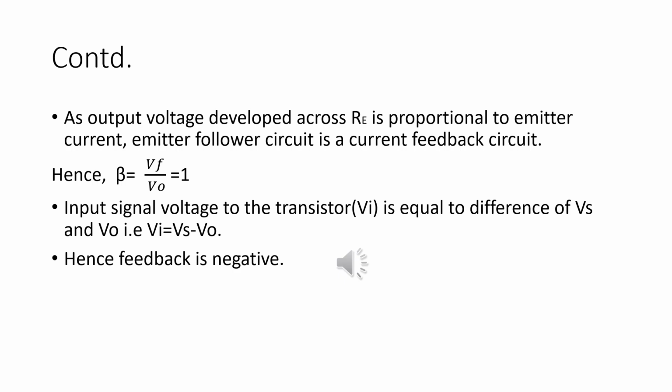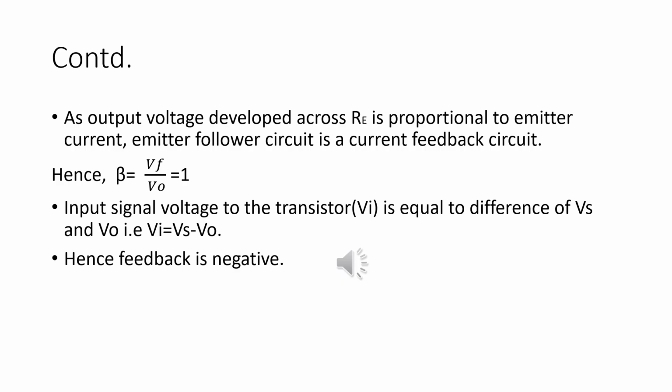And the input signal voltage, which we represent as Vi, will be equal to the difference of Vs and Vo. What is Vs and Vo? Vo is our output voltage, and Vs is our signal voltage. Signal voltage means the signal which we are giving as the input, that is, the signal meant to be amplified by the circuit.